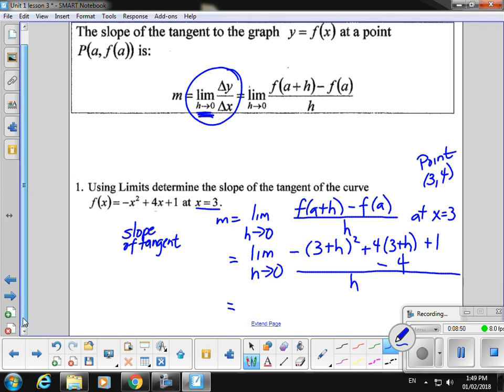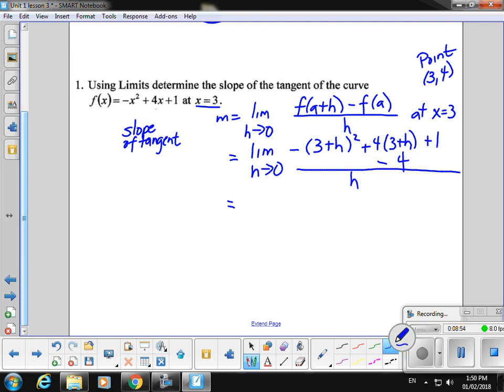All right. Here's where we want to simplify some things. If right now I put a value of 0 into this function, I'm going to get 0 over 0, and it's not going to be very helpful. So I'm going to tidy that up as much as I can first. So I'm writing out the limit again.